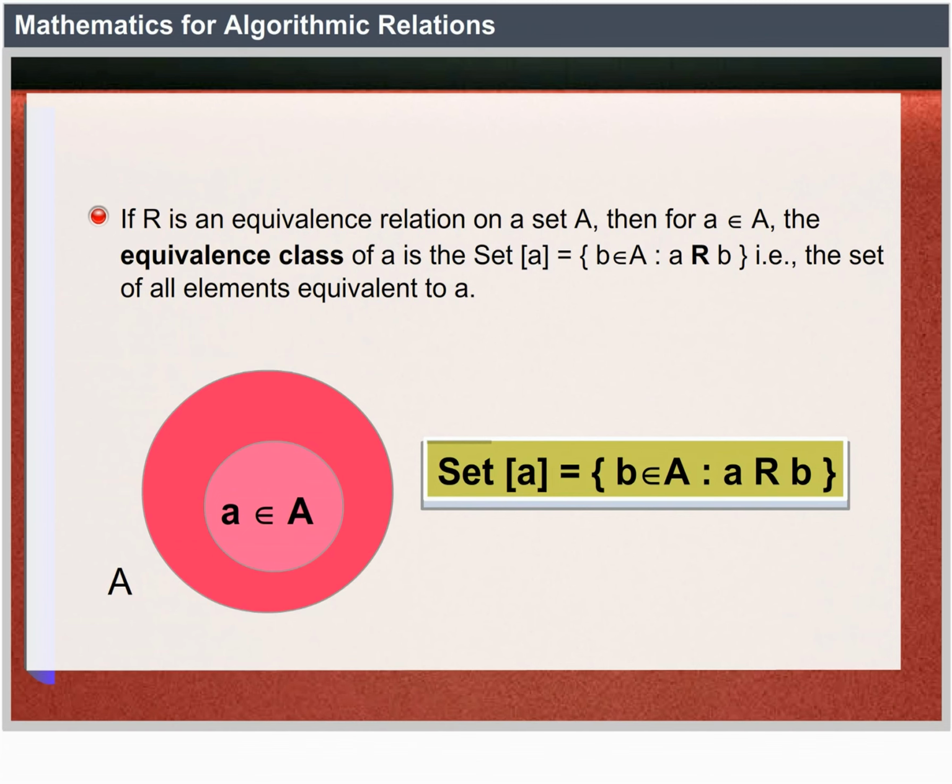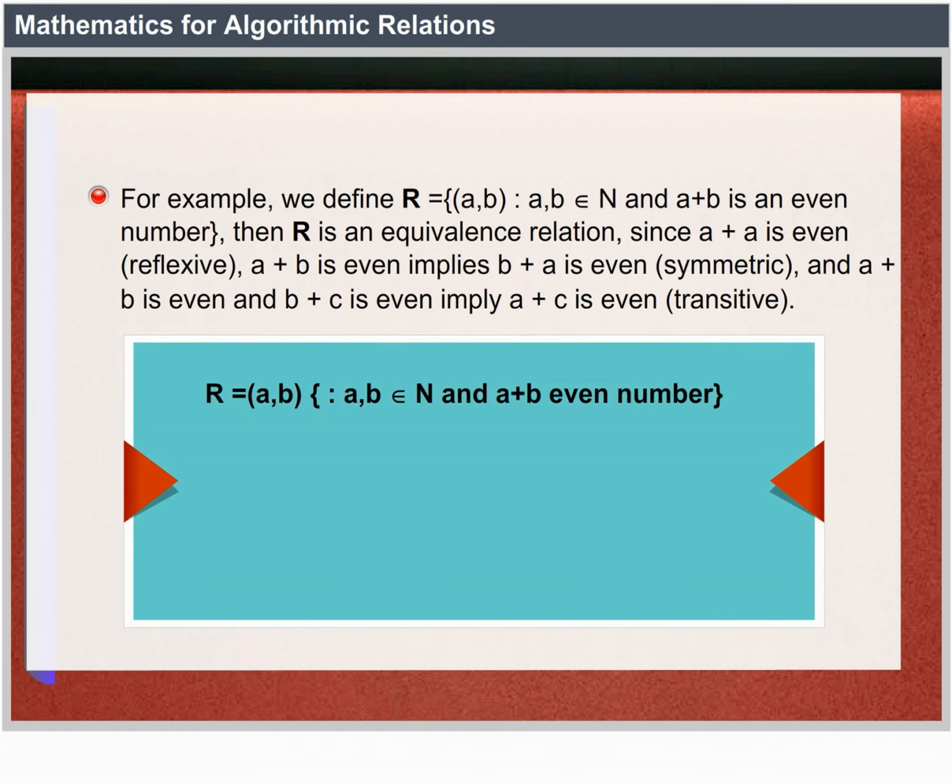For example, we define R equal to {(a, b) such that a, b belongs to set N and a plus b is an even number}. Then R is an equivalence relation since a plus a is even (reflexive), a plus b is even implies b plus a is even (symmetric), and a plus b is even and b plus c is even imply a plus c is even (transitive).